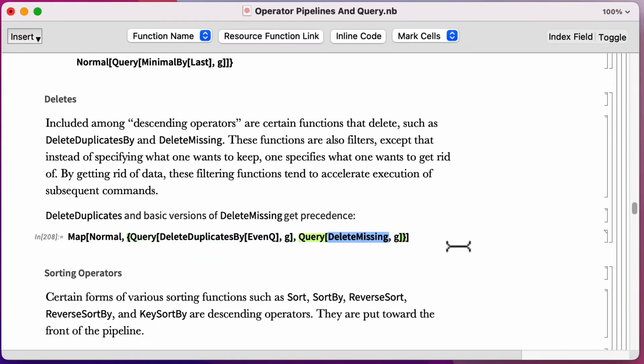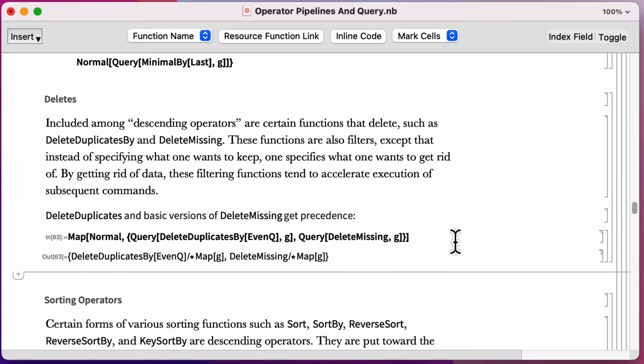Here I'm going to delete missings, and you can see that even though the G ordinarily would come first because it's last and we use LIFO, because delete duplicates is a descending operator, it gets ahead in the chain. Same thing for delete missing. Okay?